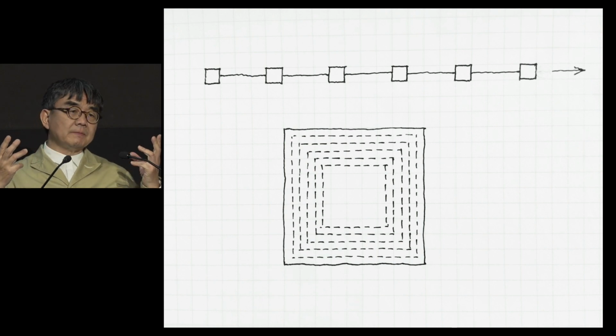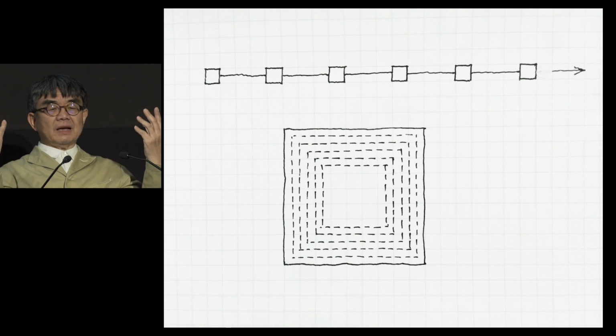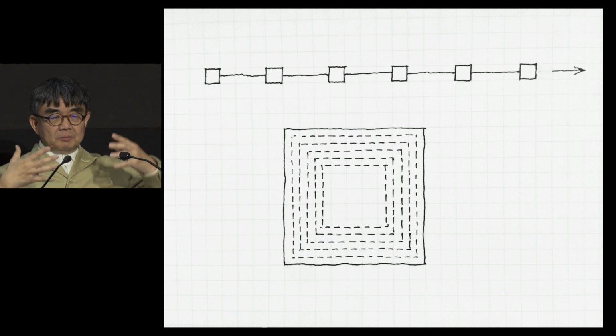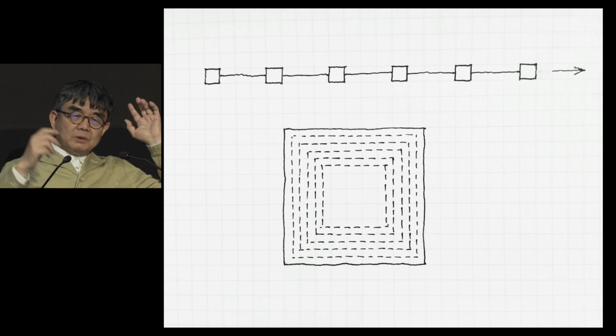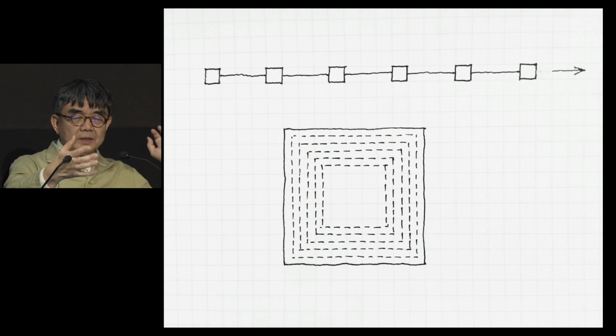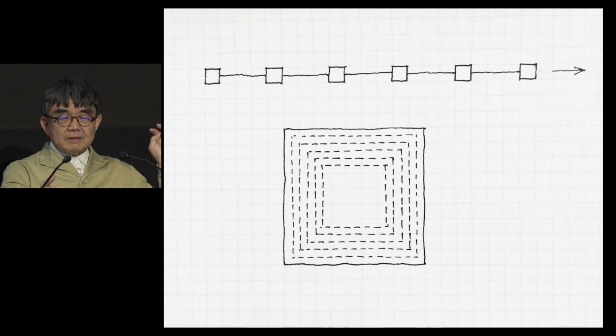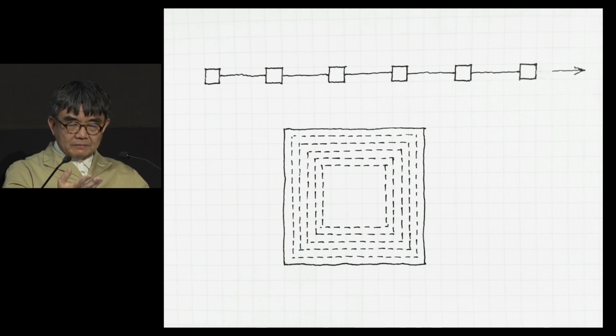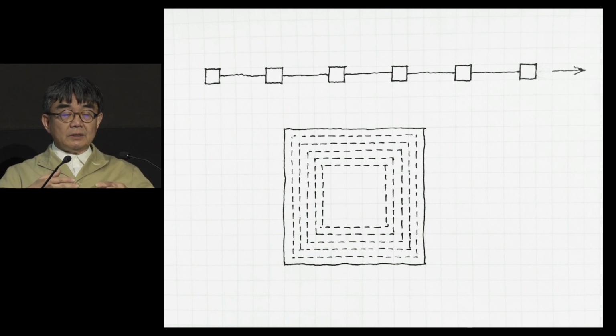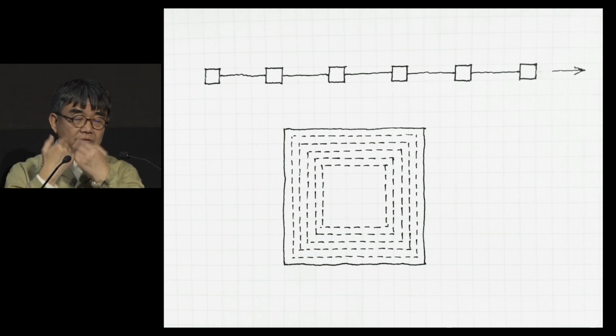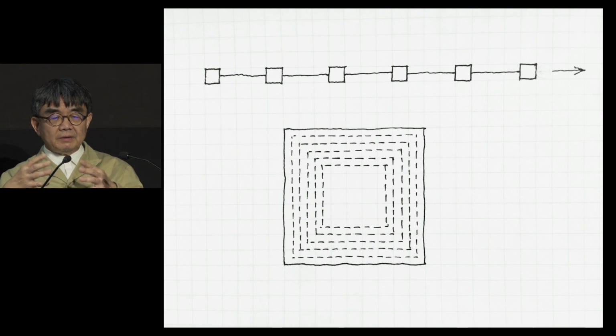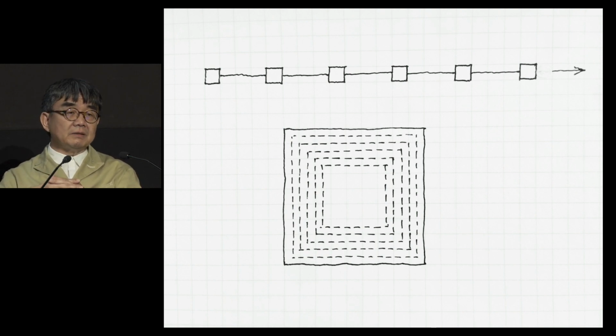But for the Chinese time, the observer is inside the time. And because you are within time, you don't know where it started. You don't know where it will eventually end. So there's no end and, of course, no beginning. And not only do you move towards time, time also moves towards you. So that kind of objective time, subjective time becomes very interesting because it actually offers a design opportunity.